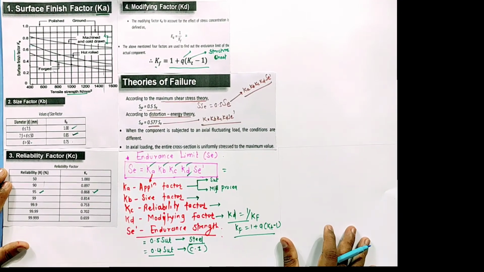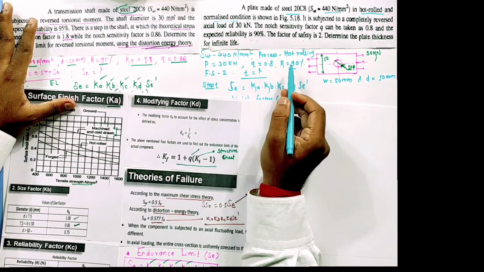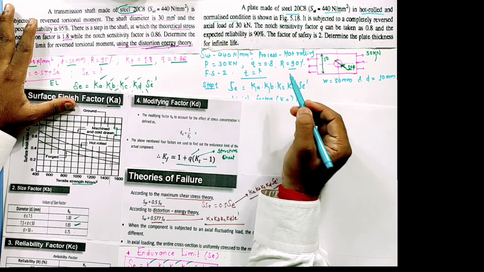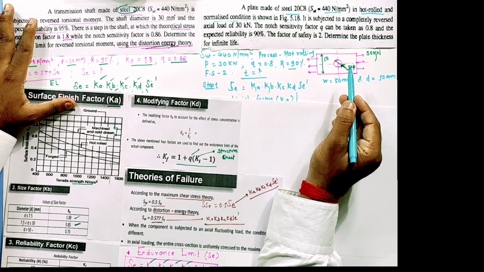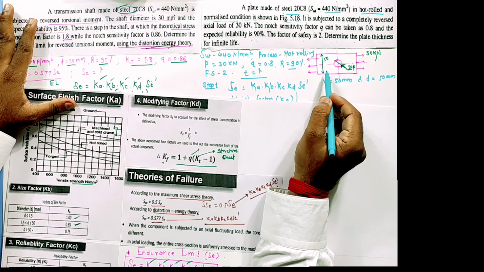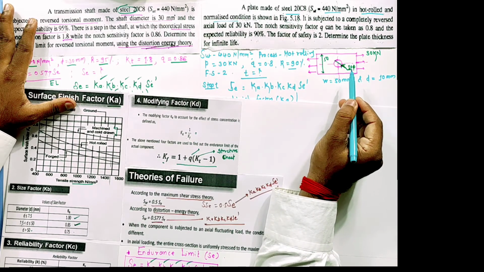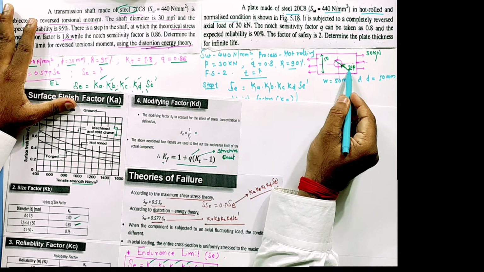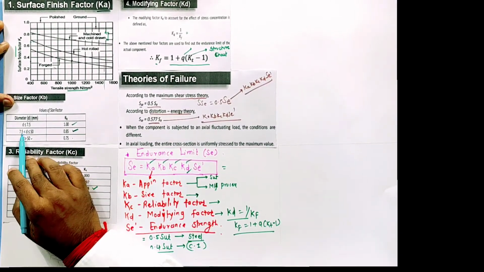Now is there anything they have given for size factor in the statement? No diameter is given, but we know the drill diameter is 10 mm. Or else, if they have not mentioned anything, you can say the bigger one is 50, the smaller one is 10. Because it should be situated in the same range, 10, 50.